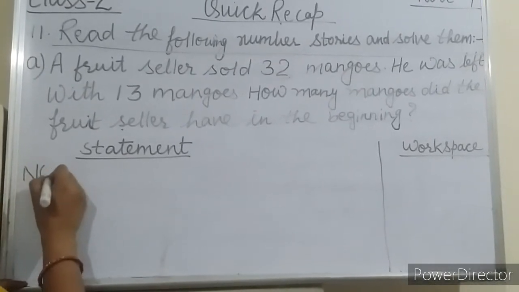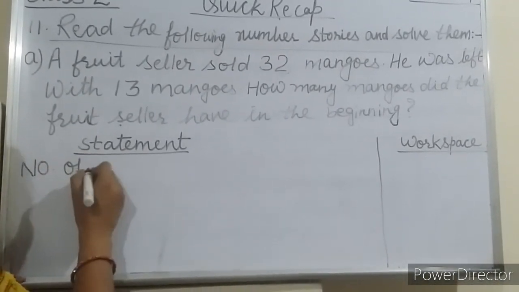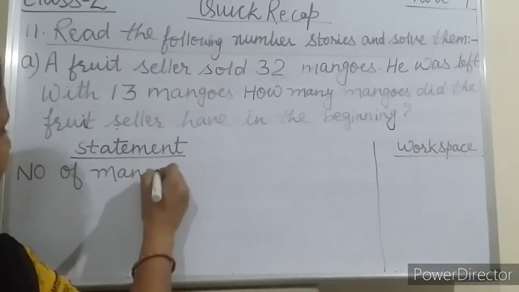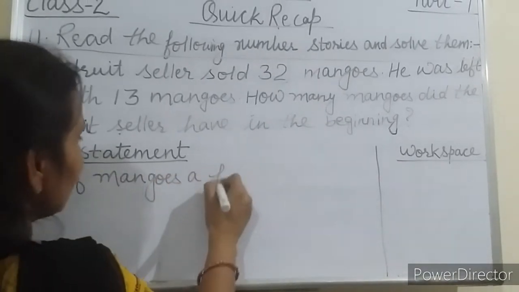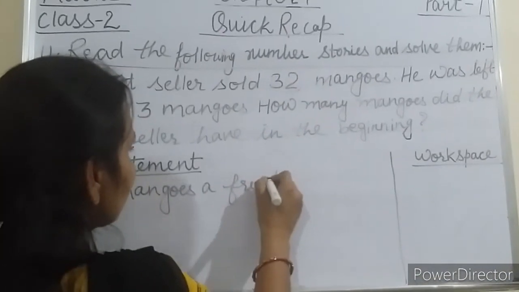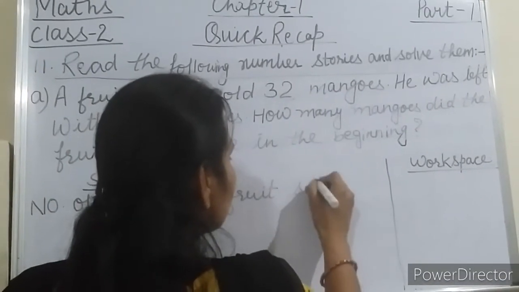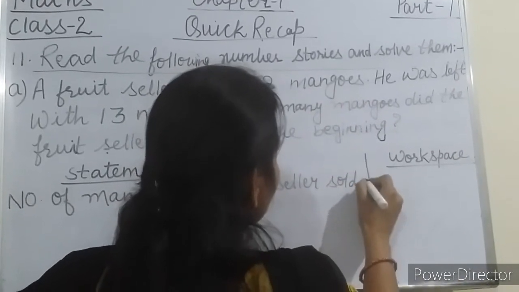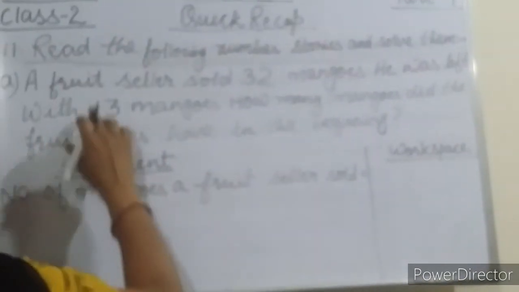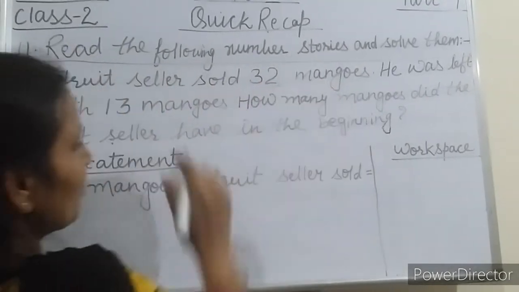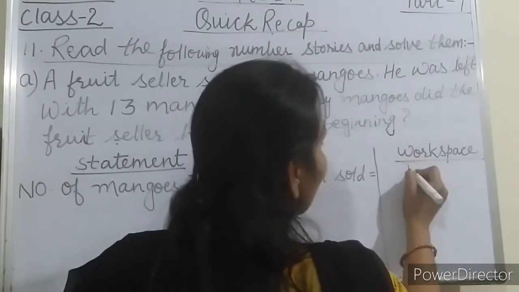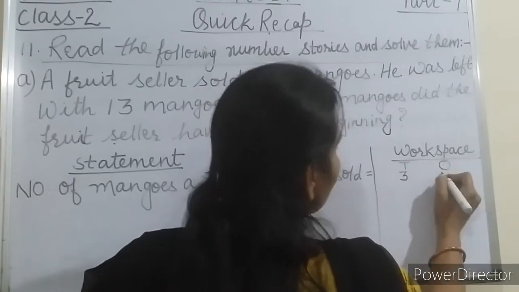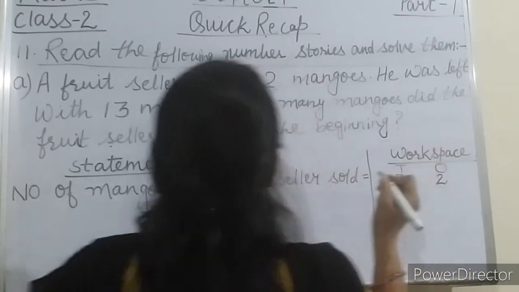Write number of mangoes a fruit seller sold is equal to 32. So here you will write 3 and here you will write 2.